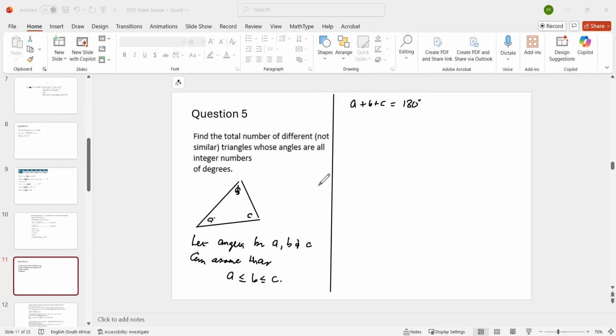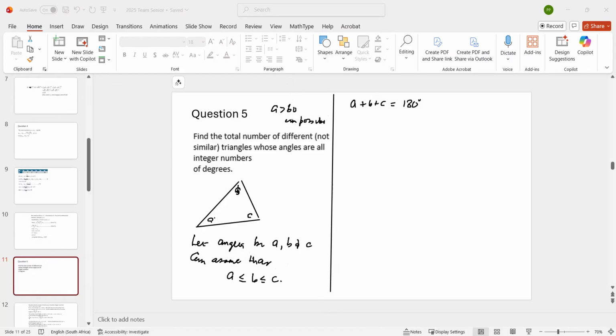So we need to count now. How many such triangles are there? Well, the value for a can't be more than 60. A greater than 60 is impossible. Otherwise, you have three numbers which are greater than 60 and they cannot add up to 180 degrees.